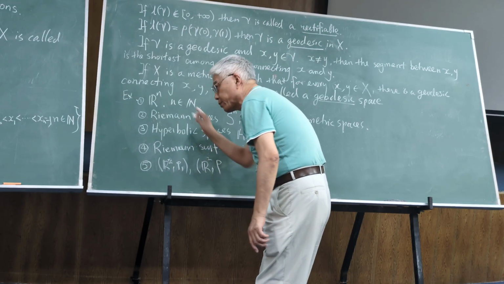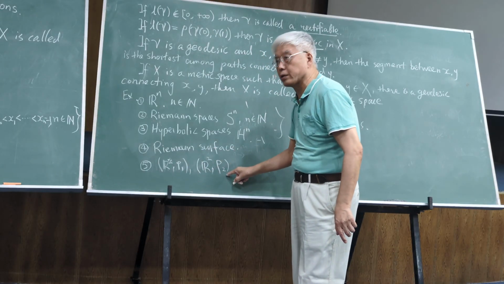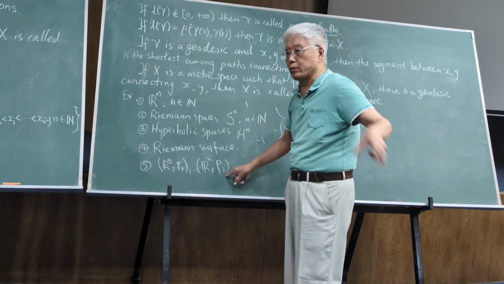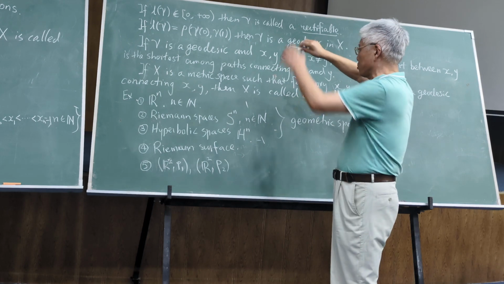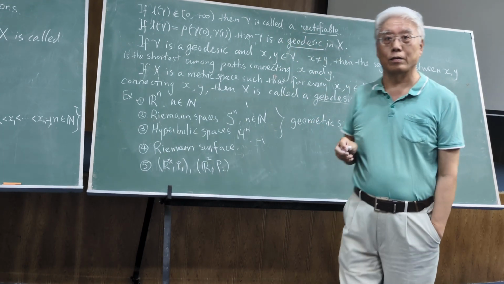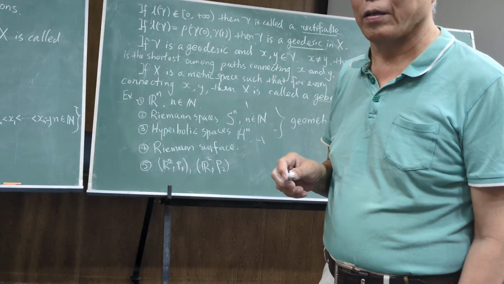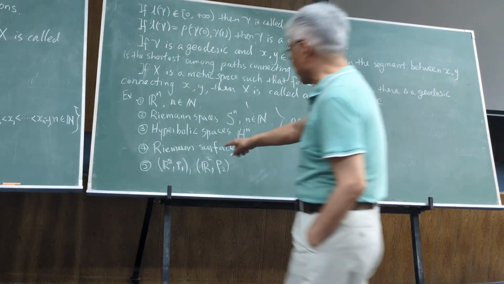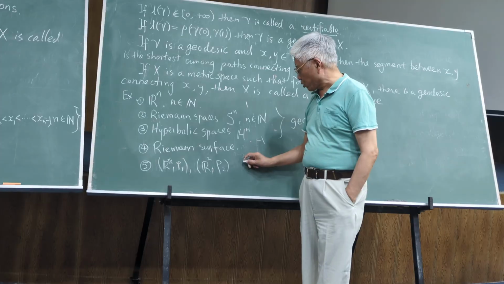This works for every n. Rho 2 is given by the square root of the sum of the squares of differences, the square root of (x1 minus x2) squared and so on. Distance formula. Yes, the Pythagorean distance formula. This is also a distance formula. Both of these are geodesic.